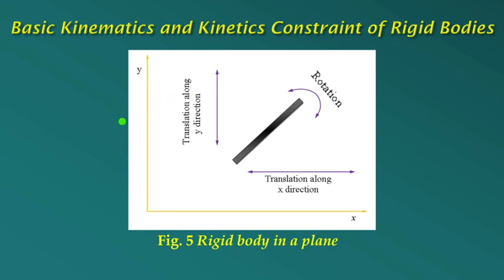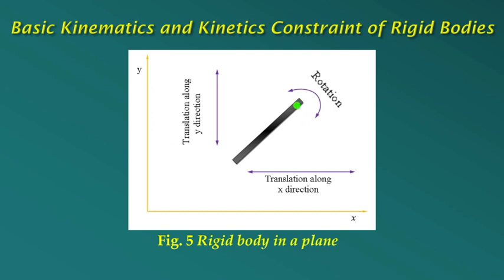Now, translation may be along the y direction, along the x direction, or in any particular direction. In that case, translation has two components: y component and x component. And parallelly or separately, a rotation also may be there.